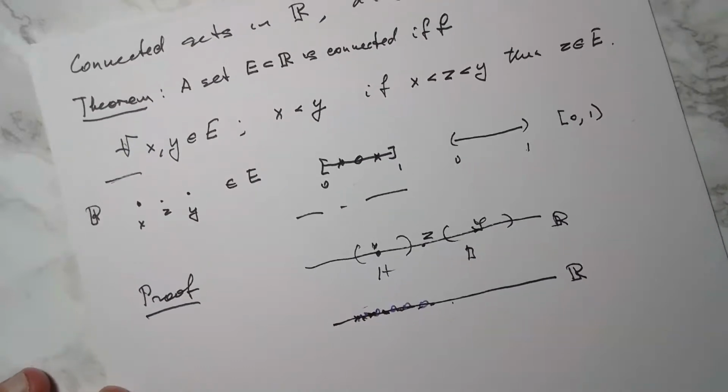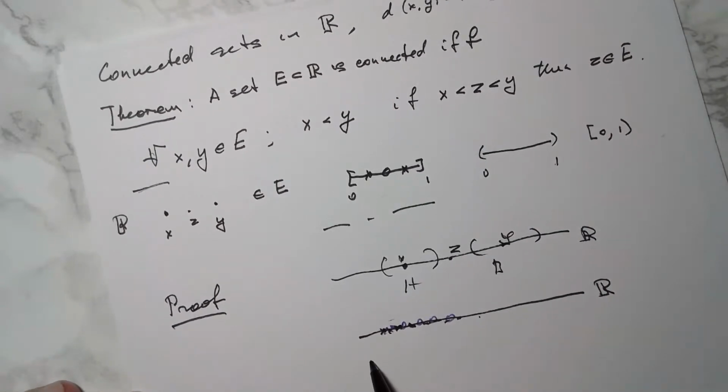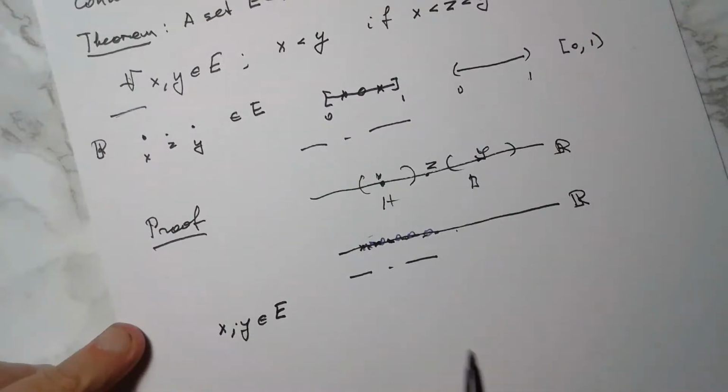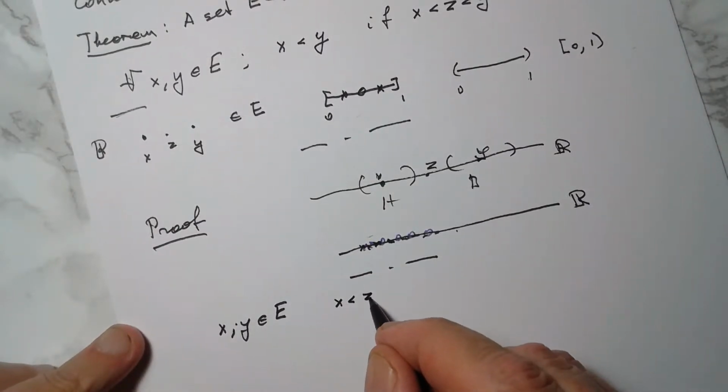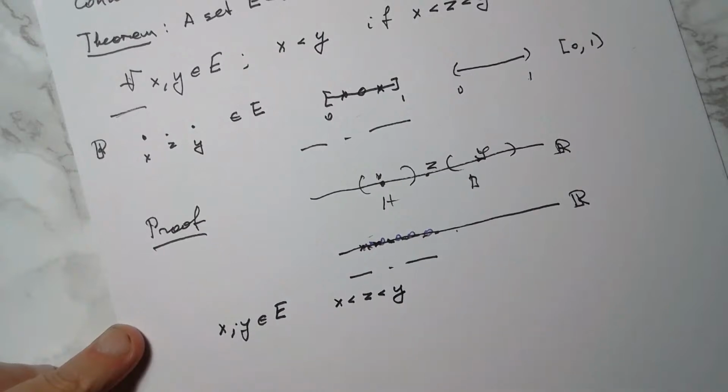So in order to make this proof more exact, what we want to do is make a notation. So in this case, let's suppose that x and y are in E. And again, I'm assuming without loss of generality that x is less than z, which is less than y.